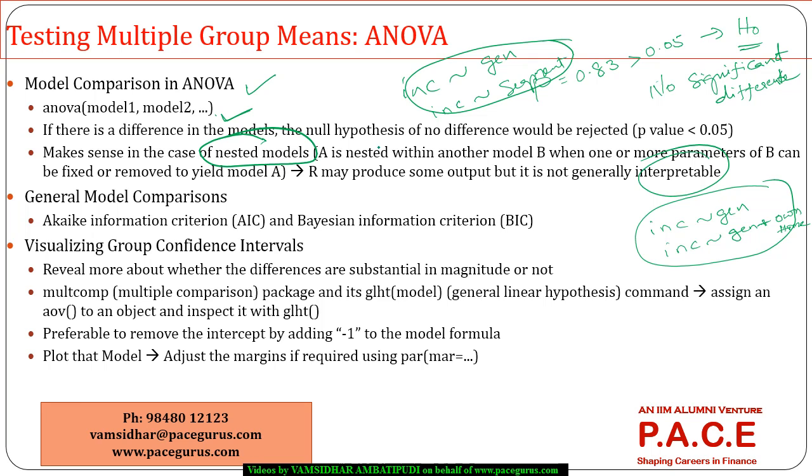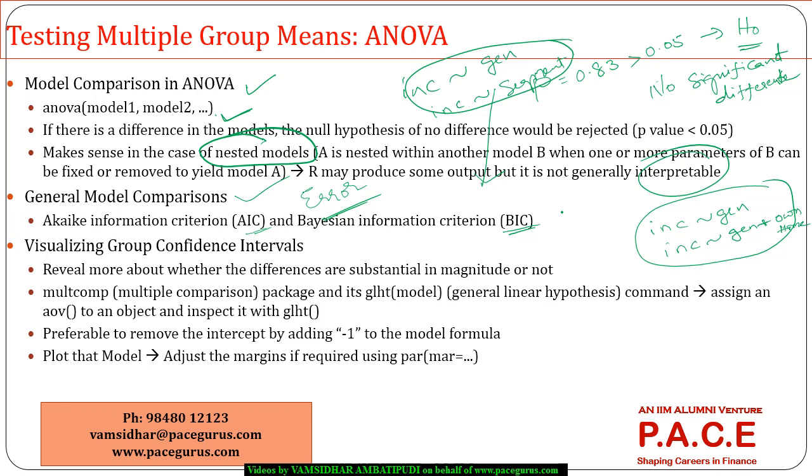But in general, if I have to compare two different models like this, we have to use some kind of criteria, which we'll be using at a later point when we come across them. You can call it equivalent to an error function. So Akaike information criteria or Bayesian information criteria are typically used, based on which multiple models can quite comfortably be compared.